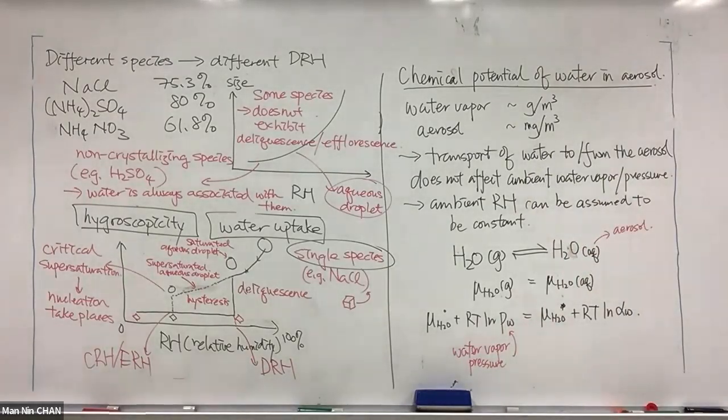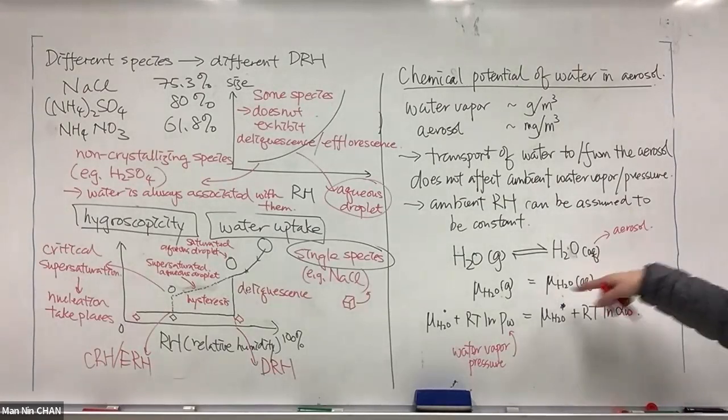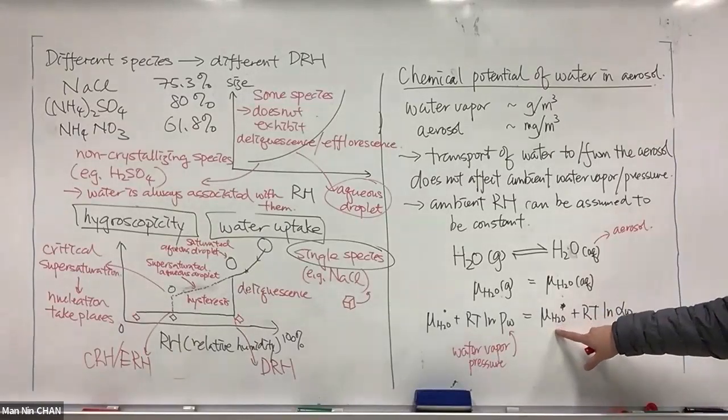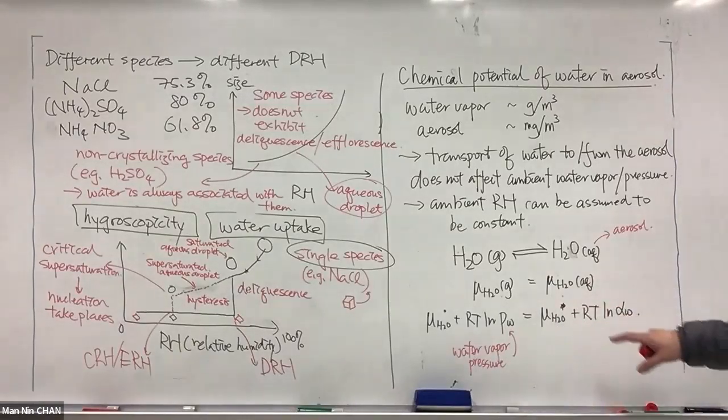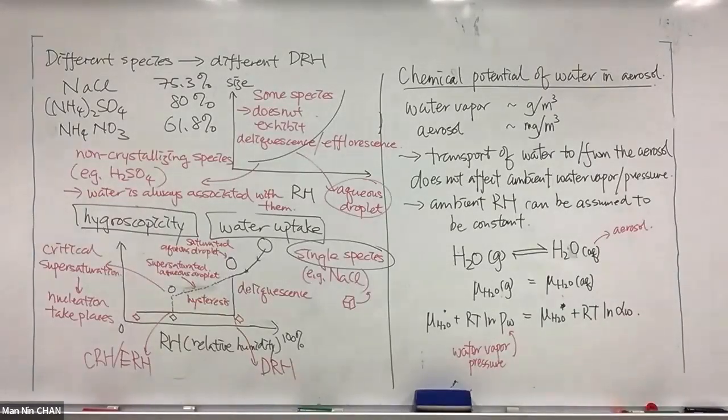Right, so this is your partial vapor pressure of water, or your water vapor pressure. This will be equal to, this is your aerosol phase, the aqueous solution you can argue, so this will be the chemical potential of the water in the aqueous solution at the standard state, plus RT ln of the activity of the water in the solution.